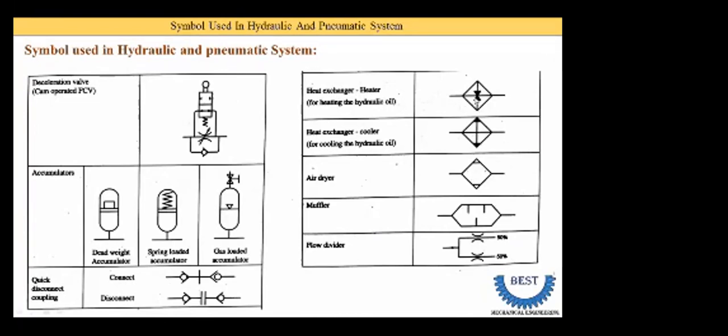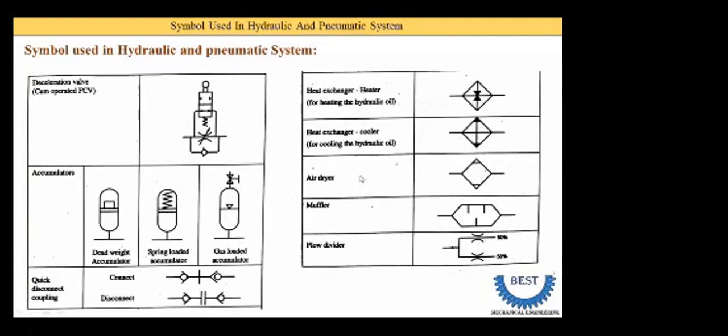Now in which direction do you draw the arrow? In the heater the arrow is going inward, and in the cooler the arrow is going outward. When we need to heat the oil, we need to supply heat energy, so this arrow indicates that we are supplying heat energy to the heater. For the cooler we need to remove the heat from the oil, so this outward arrow indicates that heat is being removed from the heat exchanger.